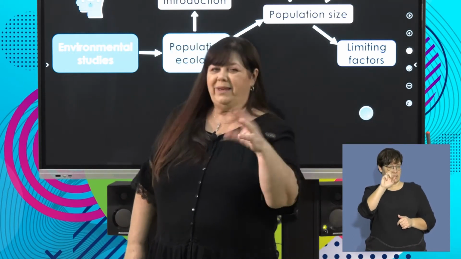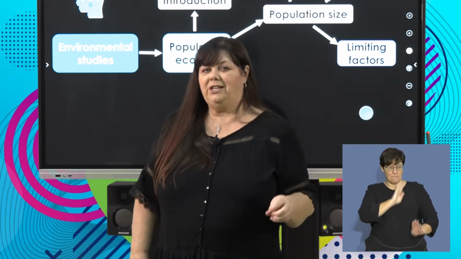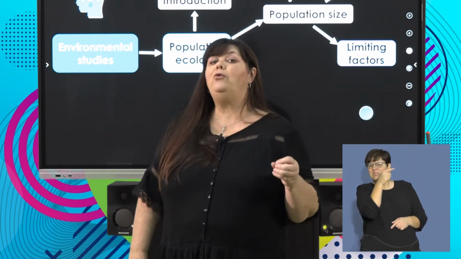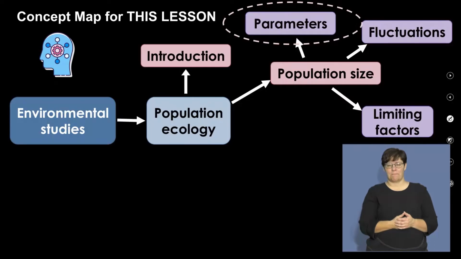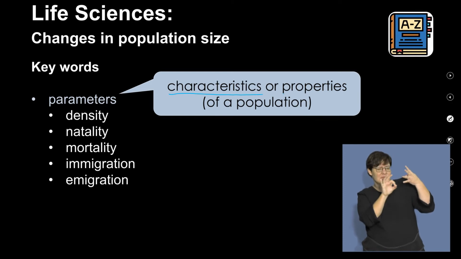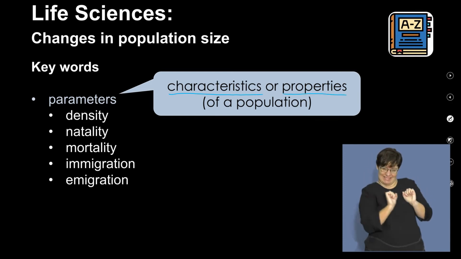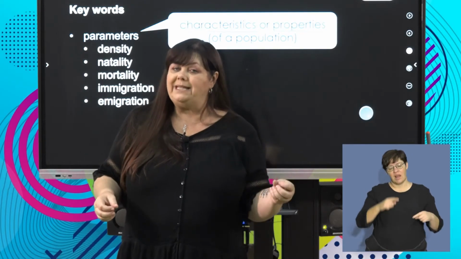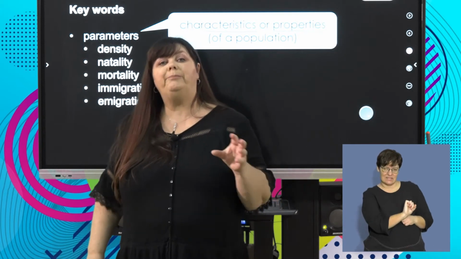So before we even start with the biology, what do we mean by a parameter? Let's have a look. Parameters are characteristics or properties. And in this case, we're looking at characteristics or properties of a population.